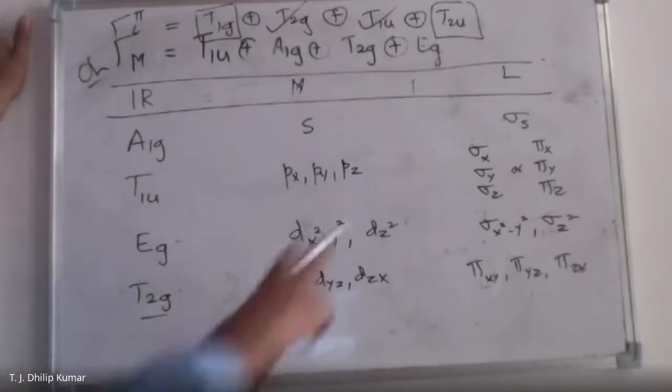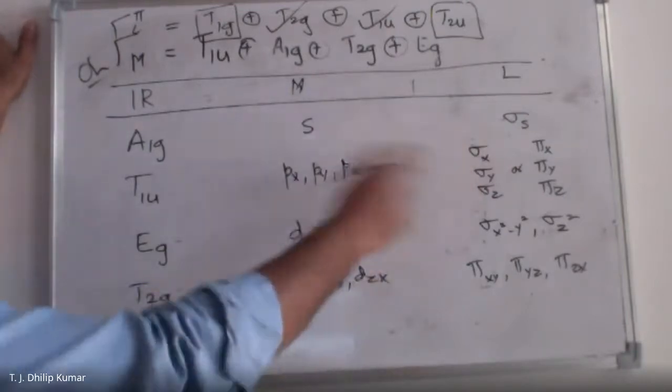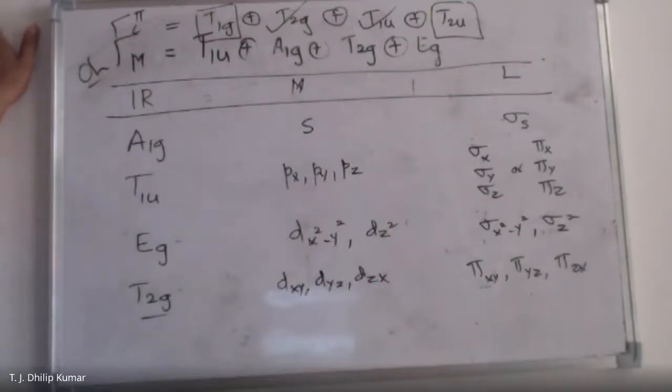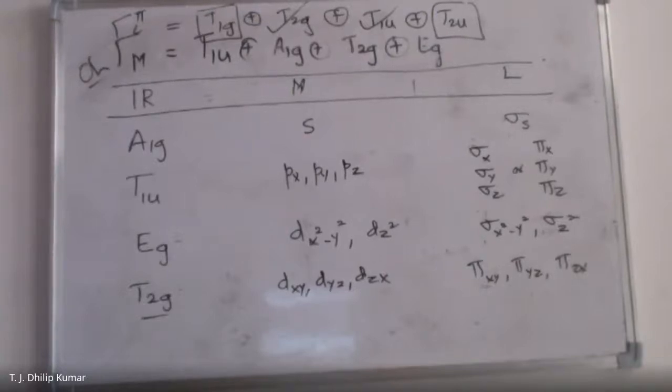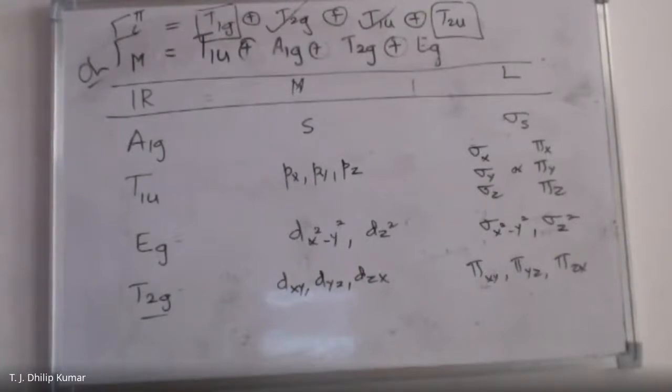The symmetry has to match. Ligands have different orbitals, metals have orbitals, and their symmetry has to match for the overlap. Only then does it lead to bonding. This information is provided from the character table. So this is the exercise explained for the octahedral complex.